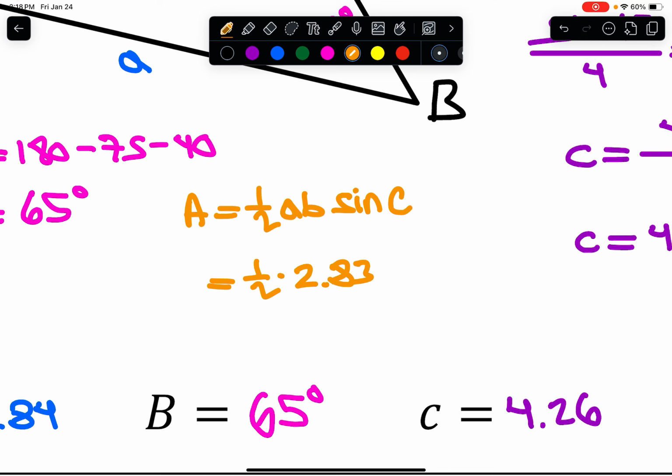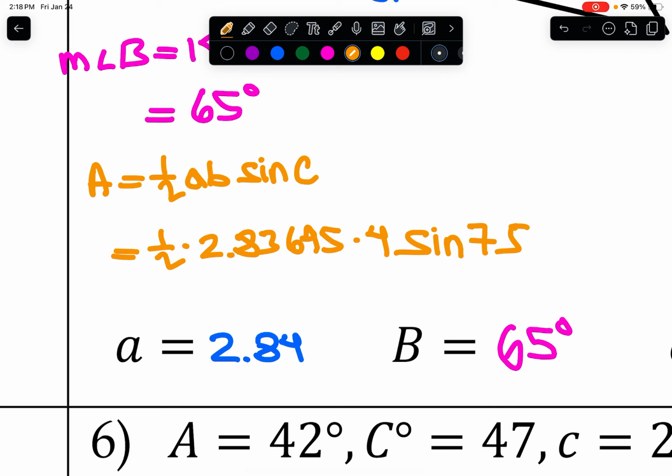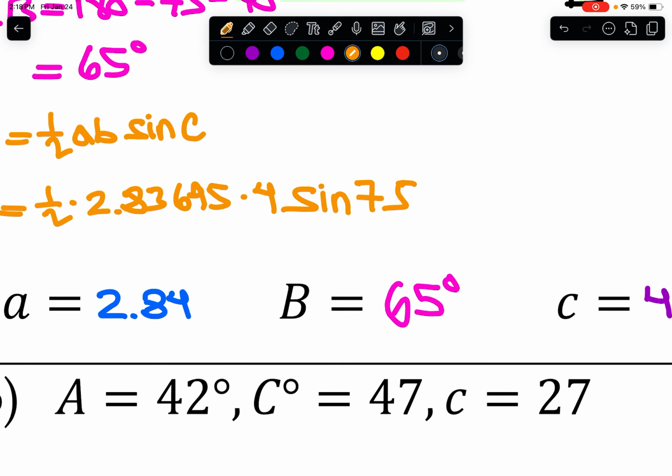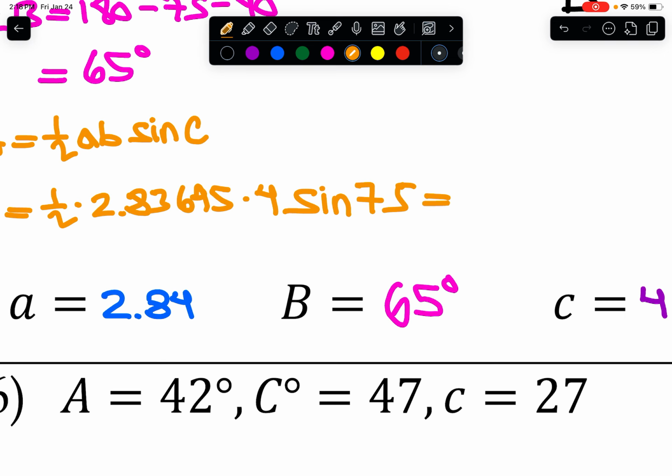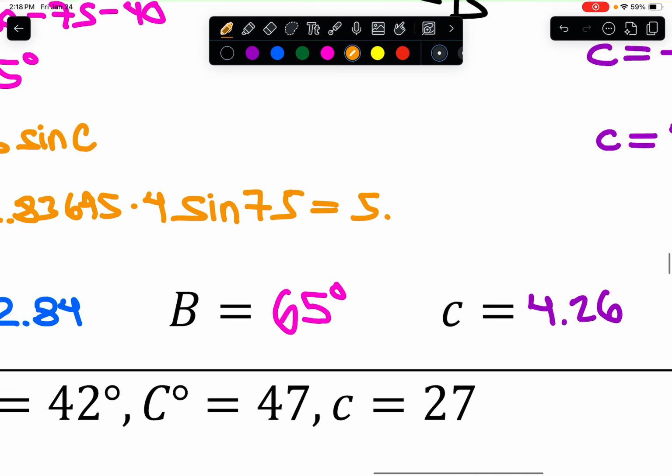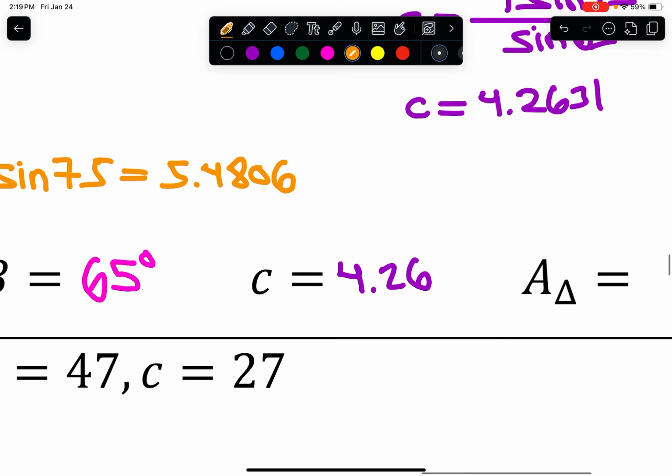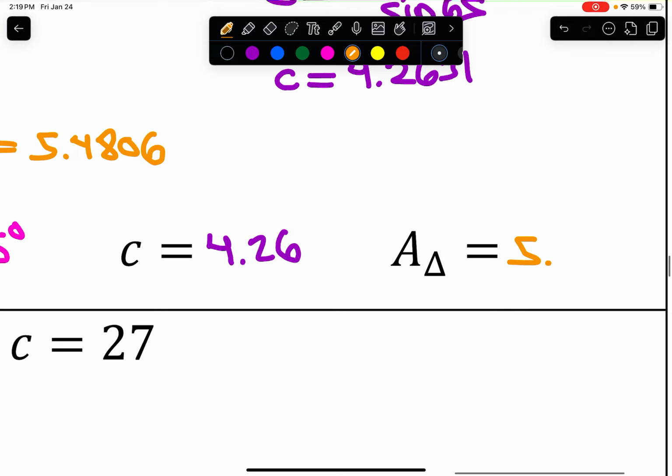So when I type in for the area, 1/2 times 2.83695 times 4 times sine 75, this is going to give me an area of 5.4806, which final would be 5.48.